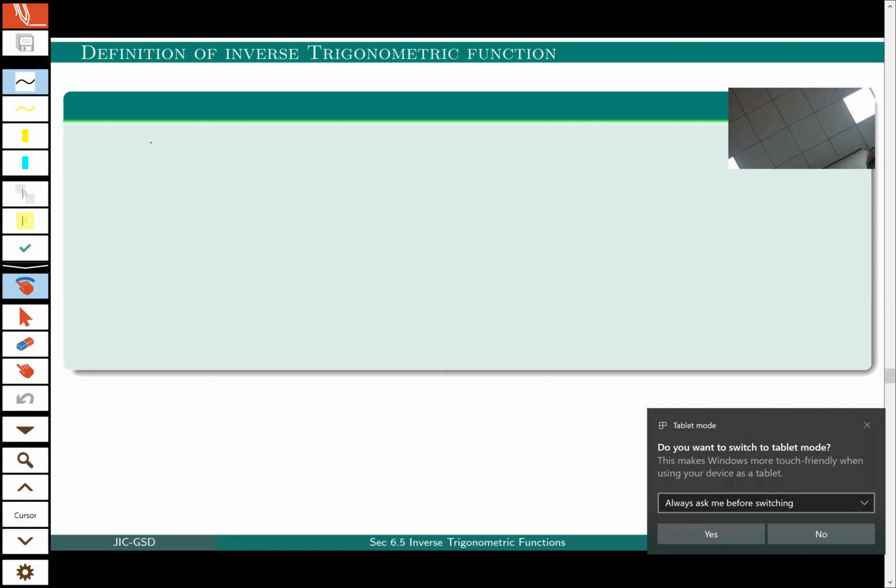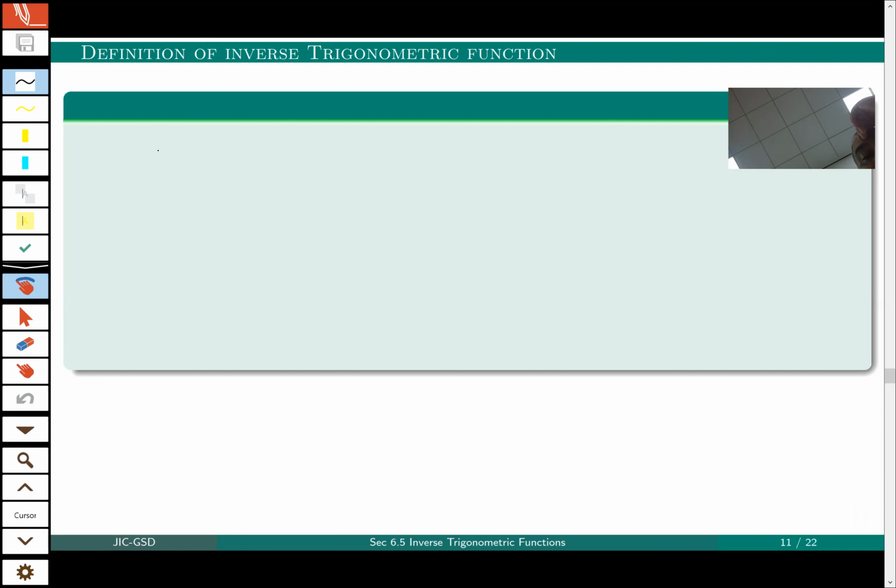Inverse function: we said if y equals the inverse of f at x, that is, if y equals f inverse of x, then x equals f at y, provided f of x is 1 to 1.